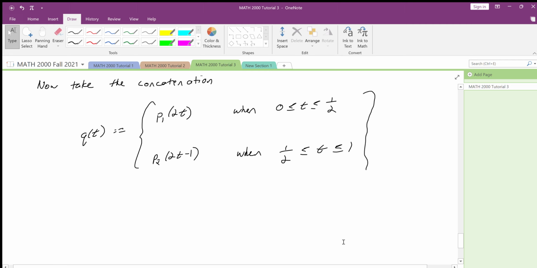So a few things. Why did I have to define my Q of t like this? The reason is because the domain of t has to go from 0 to 1. So that's the reason why here I have 2t, because it's going to end off at 1/2. And here I need 2t minus 1 because it goes from 1/2 to 1. That's first.